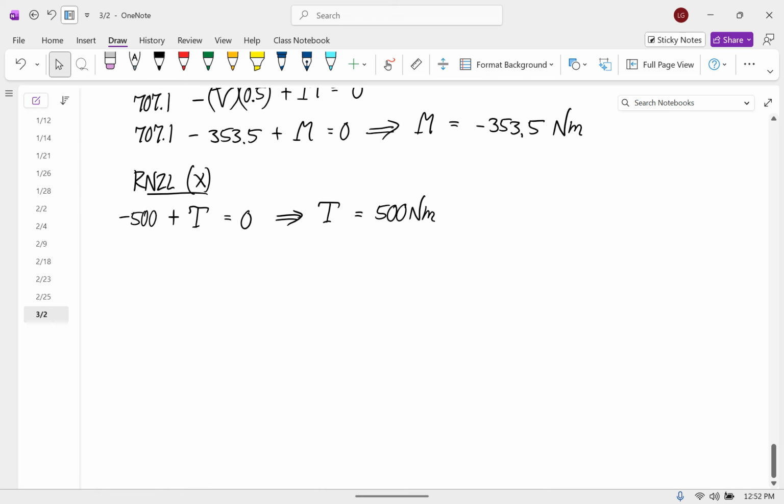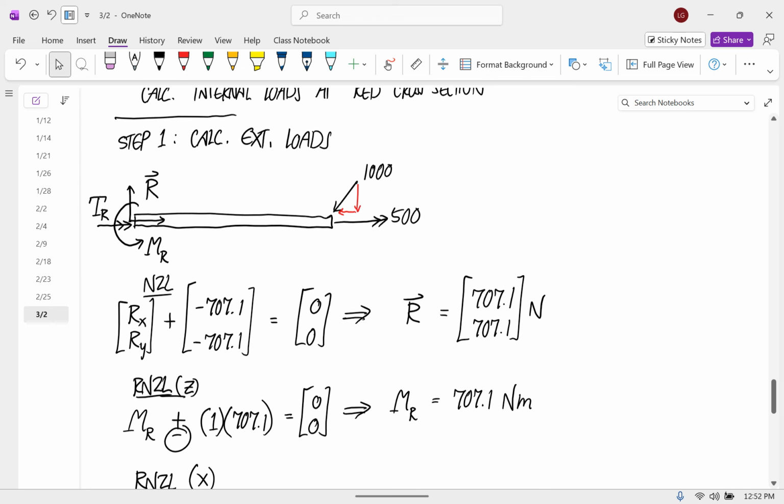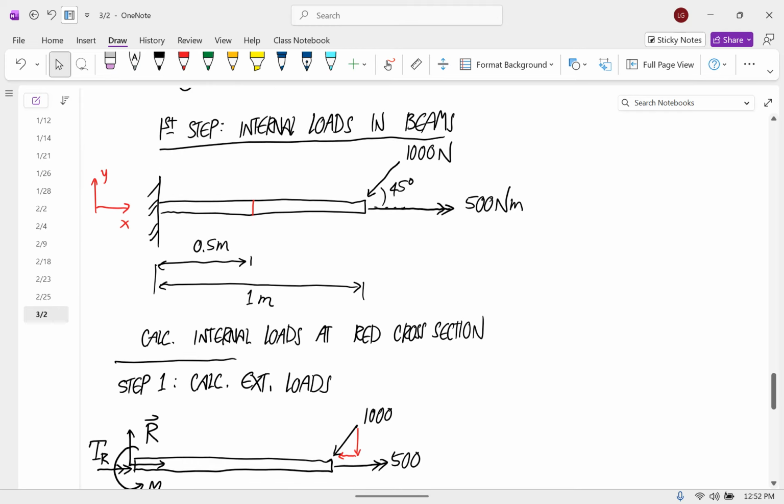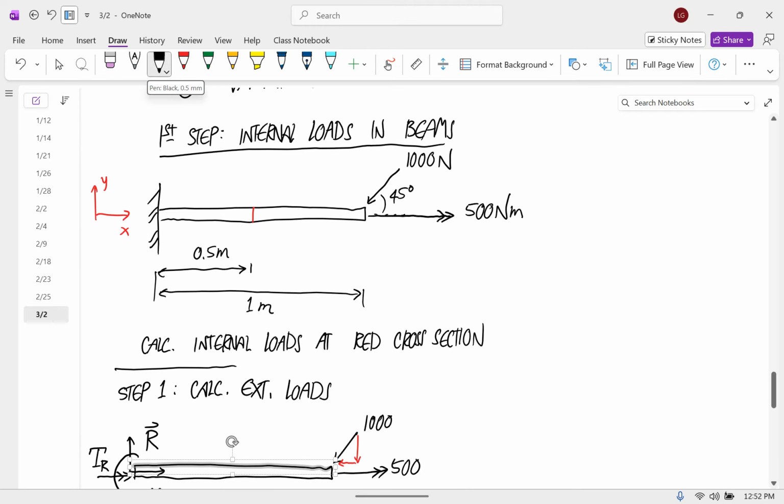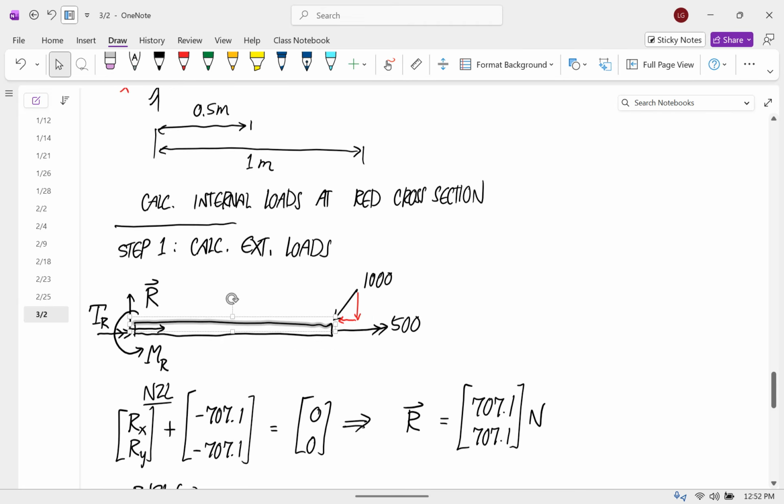Okay, so the next step is we normally don't want to know the internal loads just at a single point, this single red line. Normally what we want is to calculate the internal loads as a function of x as you move along the beam.